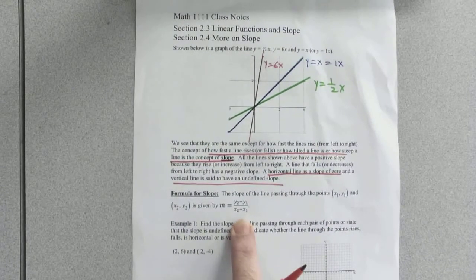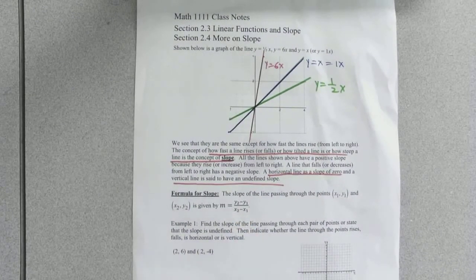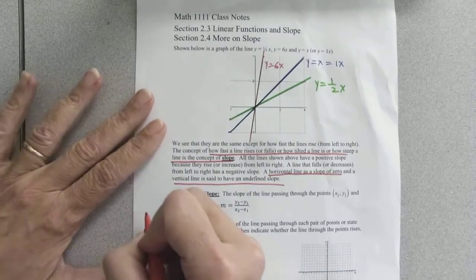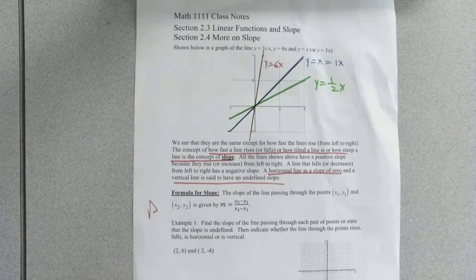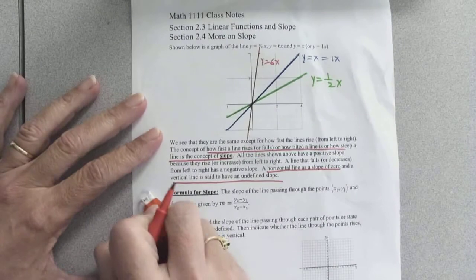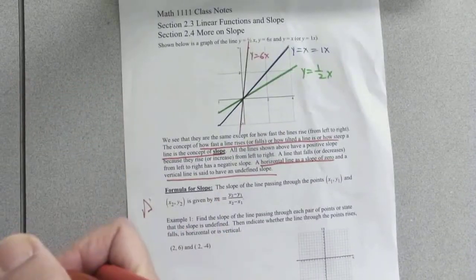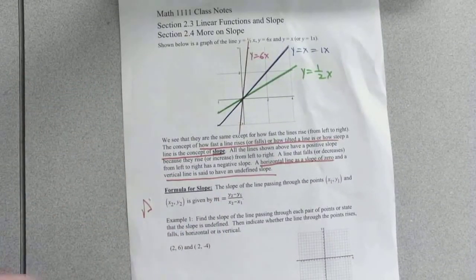Here's my formula for slope. The slope of the line passing through 2 points, (x1, y1) and (x2, y2), is given by m equals the quantity y2 minus y1 divided by the quantity x2 minus x1. You should memorize this.